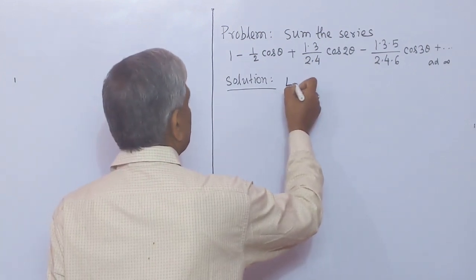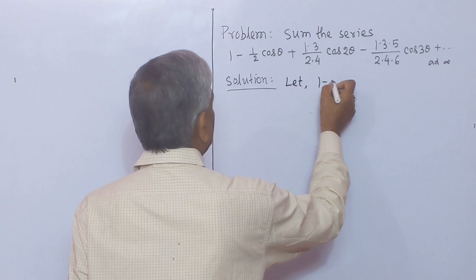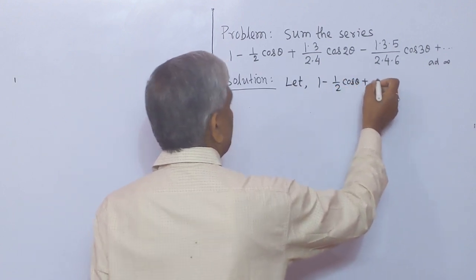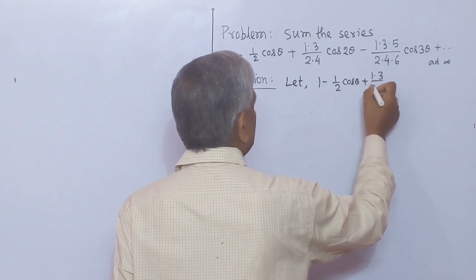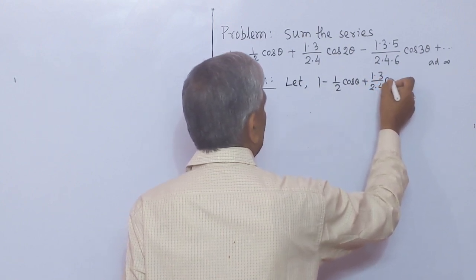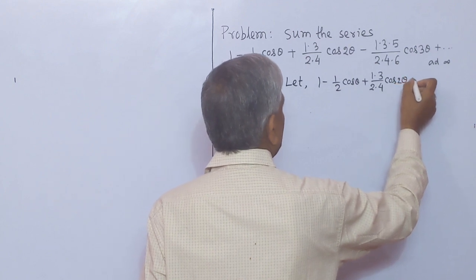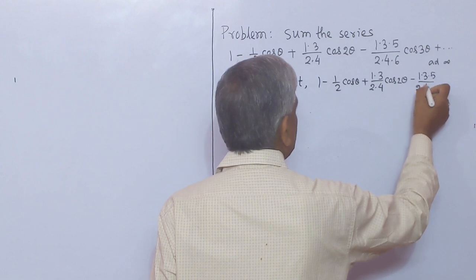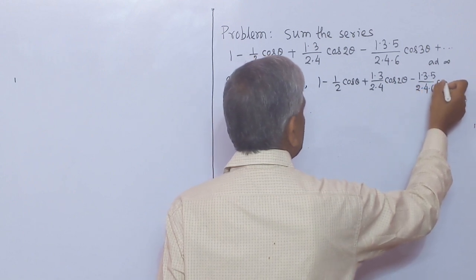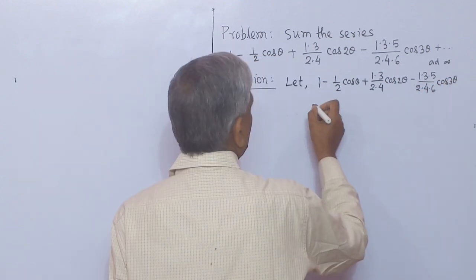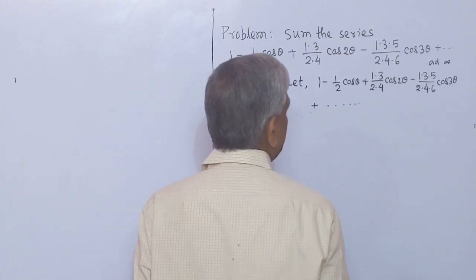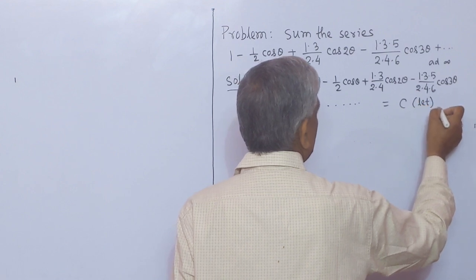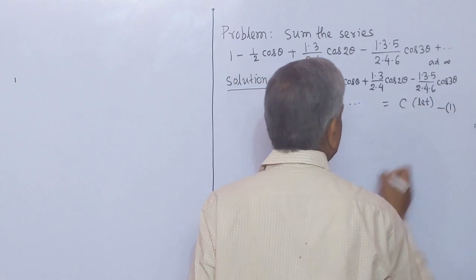Let 1 minus half cos theta plus (1·3)/(2·4) cos 2 theta minus (1·3·5)/(2·4·6) cos 3 theta plus dot dot dot equal C. This is number 1.